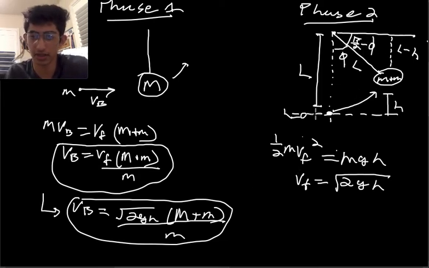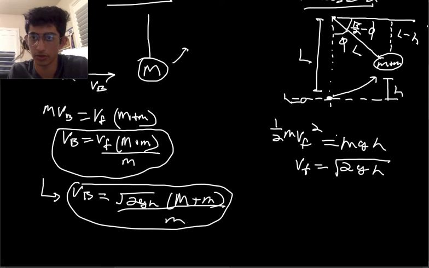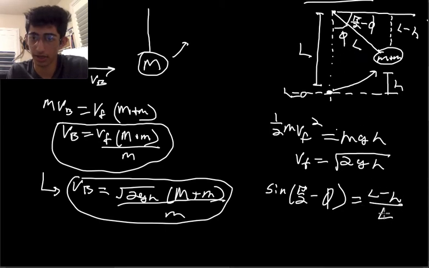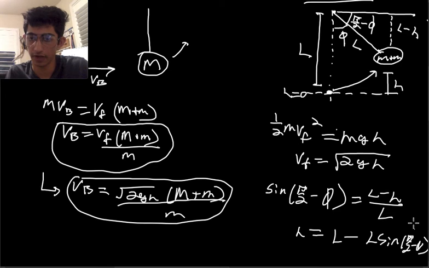So we can say that the sine of pi over 2 minus phi is equal to y, L minus h, all over the hypotenuse L. Solving for h, we get h is equal to L minus L sine pi over 2 minus phi.